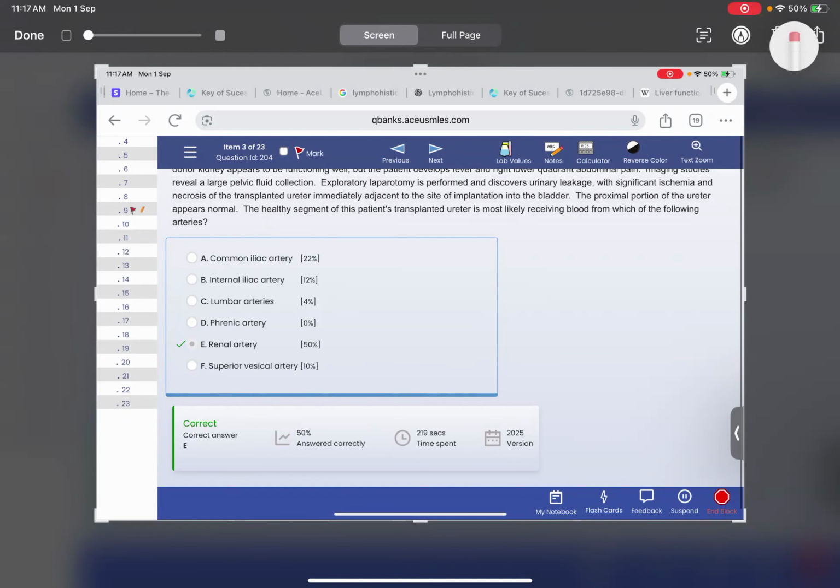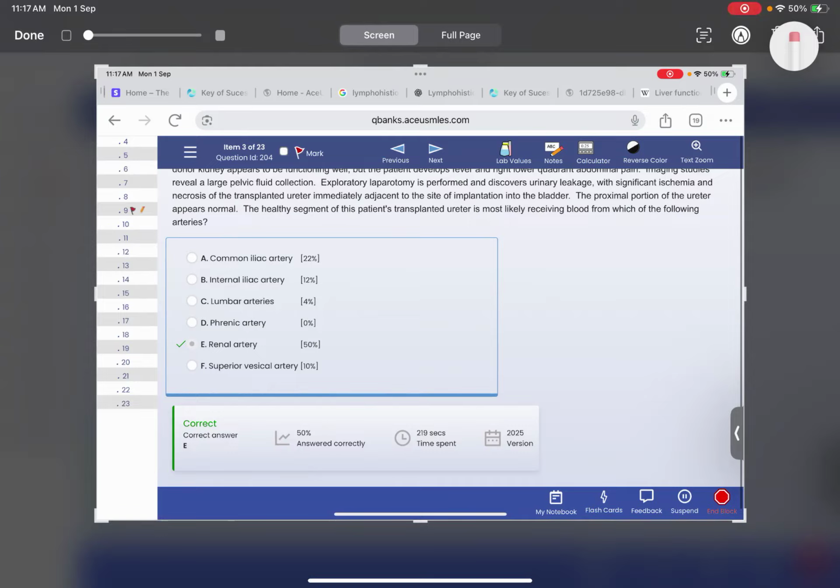I think the blood supply is also mentioned in First Aid, in one line. You don't need to read all the anatomy. In First Aid, it's only one or two pages of renal anatomy.